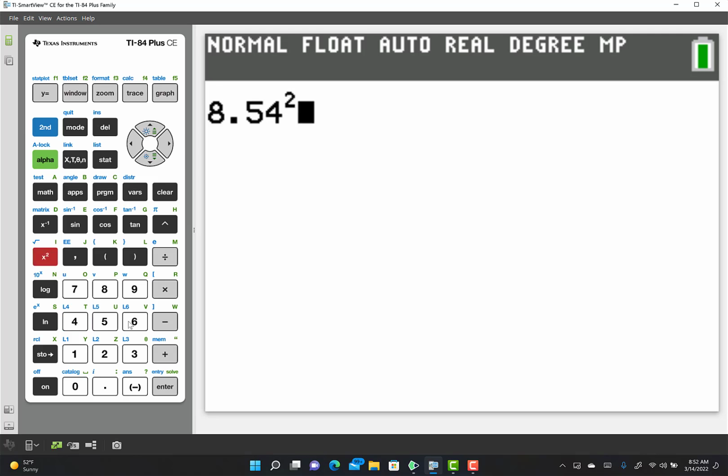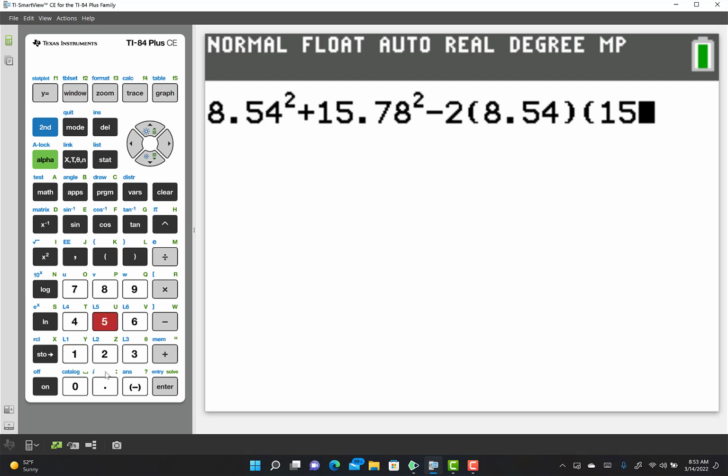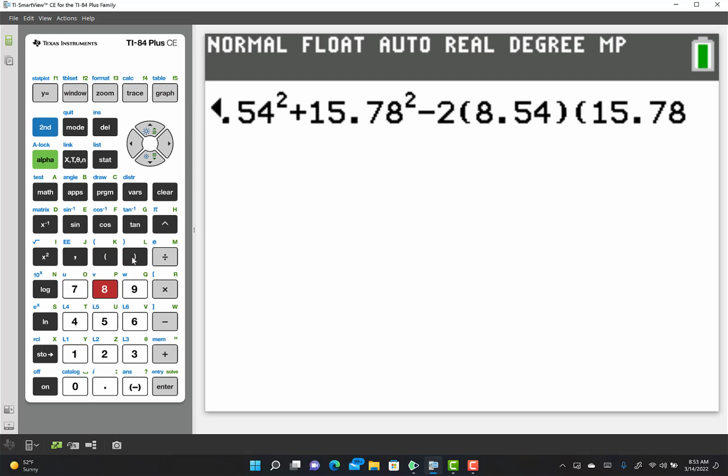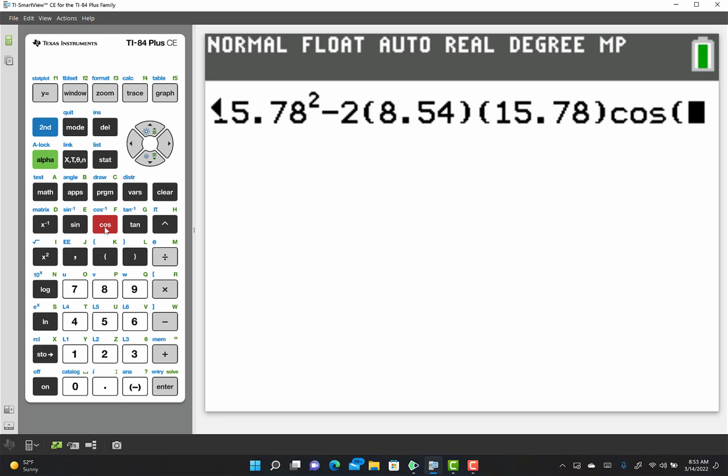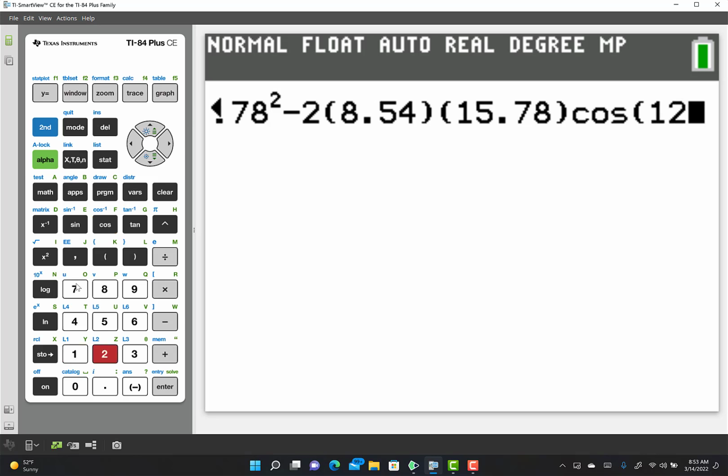8.54 squared plus 15.78 squared minus 2 times 8.54 times 15.78, and then cosine of what? 127.